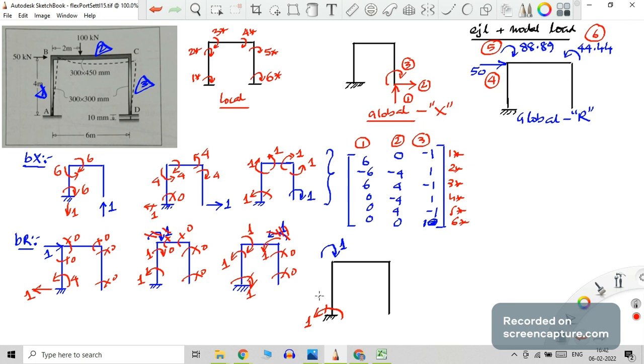Okay, now what to do for the rest? So 1 star is now clear. 2 star, you still have doubt, or otherwise you know that for equilibration of this vertical member AB, because this is anti-clockwise, one clockwise moment should be there at the 2 star.